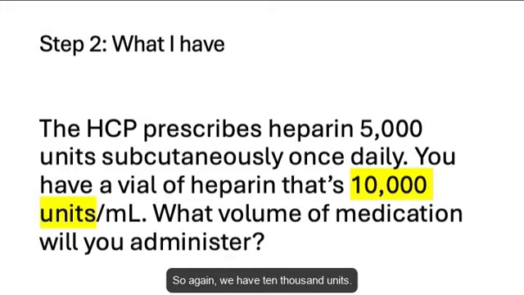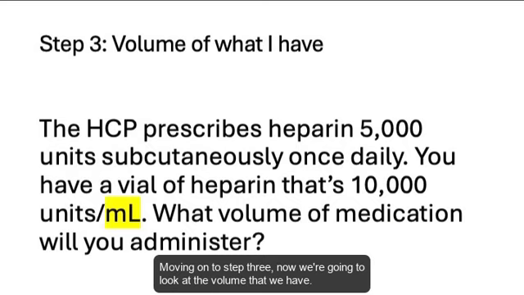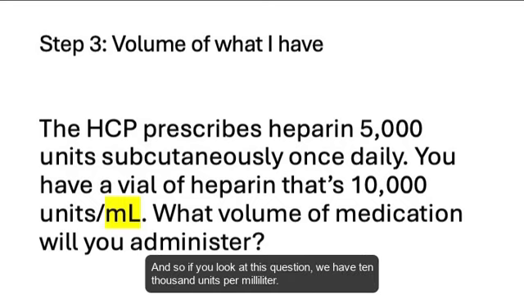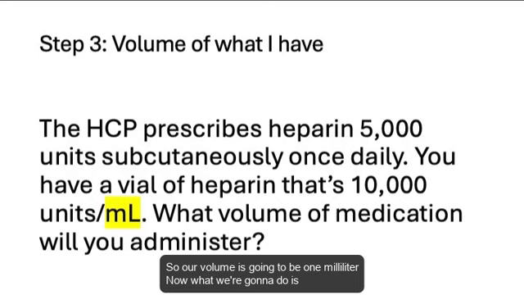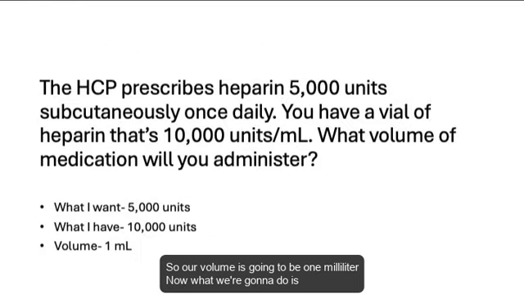So again, we have 10,000 units. Moving on to step three, now we're going to look at the volume that we have. If you look at this question, we have 10,000 units per milliliter. That means that we have 10,000 units in 1 milliliter. So our volume is going to be 1 milliliter.